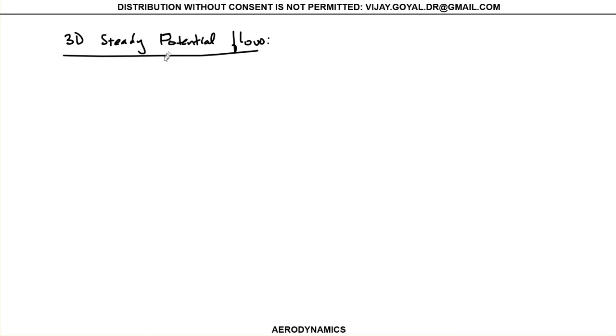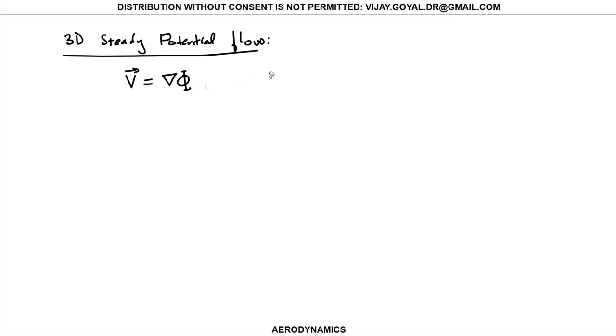What we have been trying to do is take the velocity. There is a possibility of expressing the velocity in terms of the gradient of a scalar.